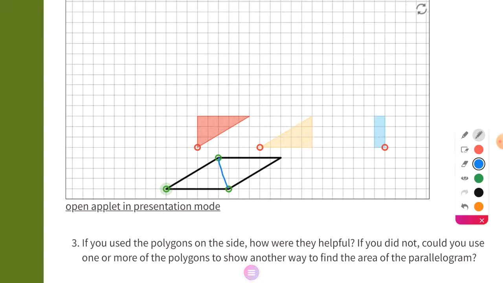No, as long as you get there and can explain to me or your work shows me your thought process. Are there wrong ways to do this? Yes. I couldn't have cut it like here and moved that to the top because then it would have just been the same thing. And actually it would have been like this. Well, I guess I could have shifted it, yes, and it still would have been like that.